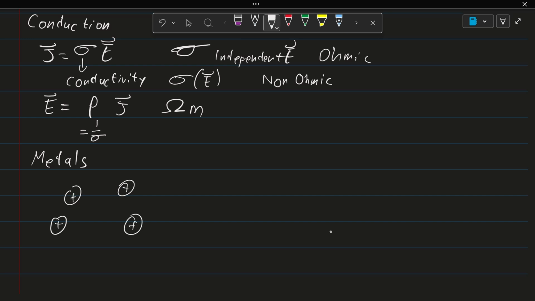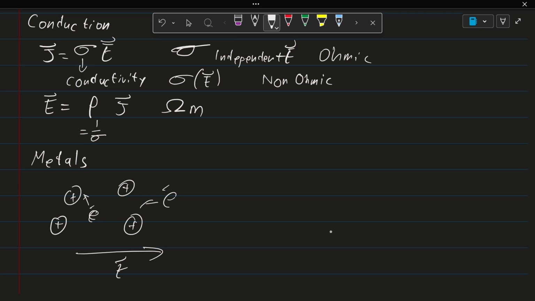If you have this bulk material, you could express this, when you deal with quantum physics, as the electrons being pretty much free. So the electrons can move pretty much anywhere. And if you apply an electric field, there will be certain movements of these electrons, even though it's a little bit random, but its tendency will be related to the drift velocity.